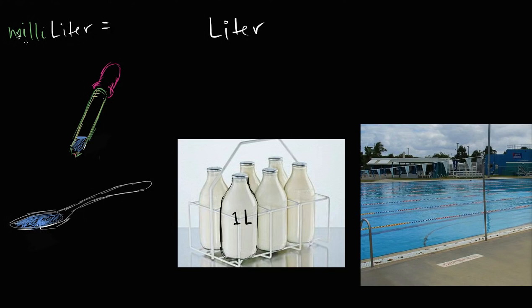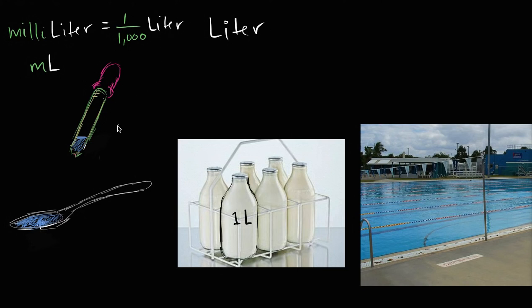And a milliliter, a milli is a prefix that you'll see a lot when you're using units, and that means 1/1000th of a liter. And the notation for milliliter is a lowercase m and an uppercase L. Another way to think about it, it would take 1,000 milliliters to get to 1 liter.